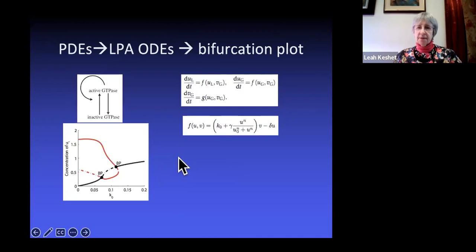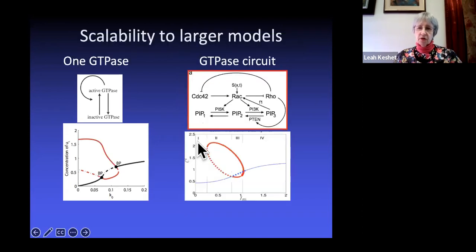And it turns out that that allows one to approximate the PDEs with ODEs just to answer that question. And then you can use ODE bifurcation analysis to go after and understand when polarization can happen.